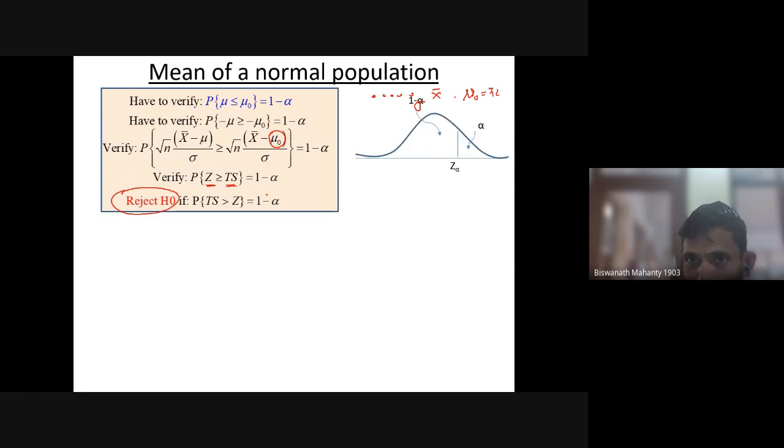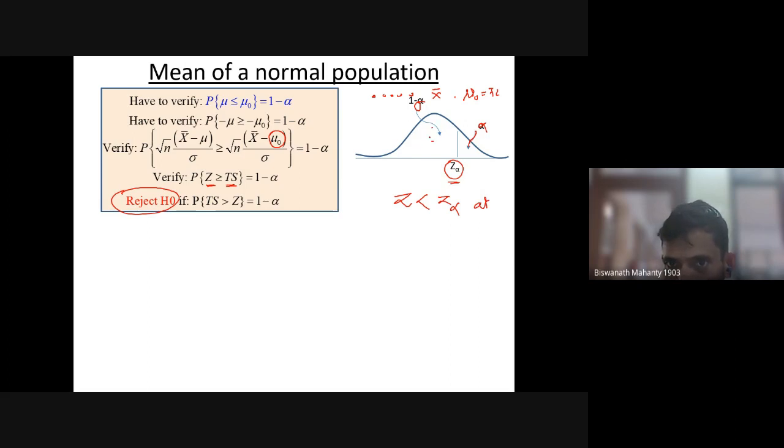How to see this? Now you see, this is my z alpha value. This is alpha. If it is z alpha, then this area is alpha. The remaining area is called 1 minus alpha. From this, what can I say? I can say any z is less than z alpha, at what confidence level?